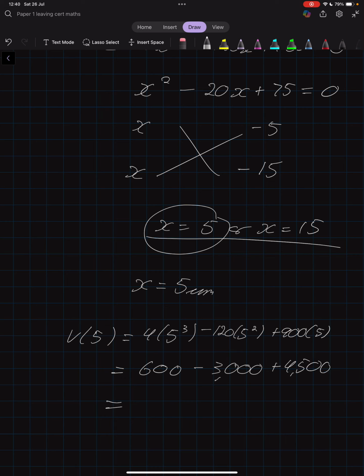So the maximum volume is going to be 2000. Okay. Did I mess this up? Yeah, that's 500. Sorry, it's 125. So 125 times 4 is 500. So it's just 2000 centimeters cubed. So that's the maximum volume that you can have. Okay?